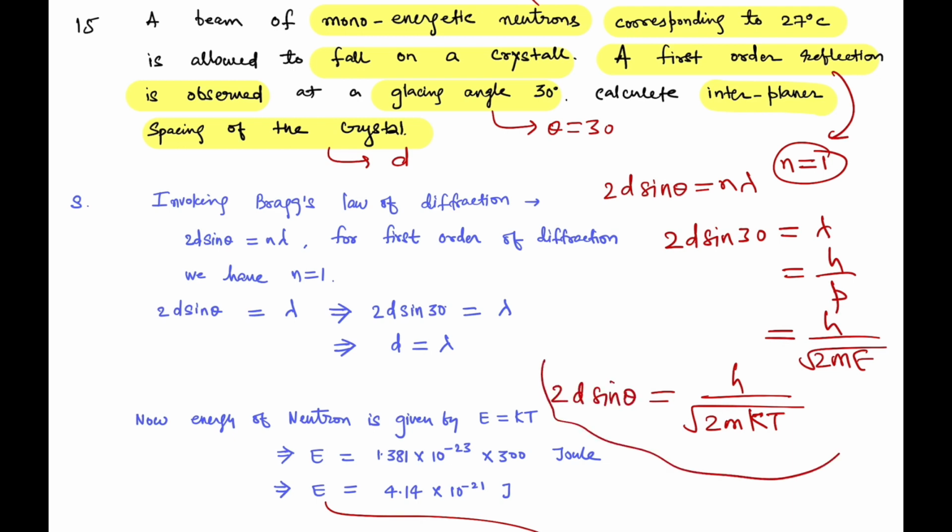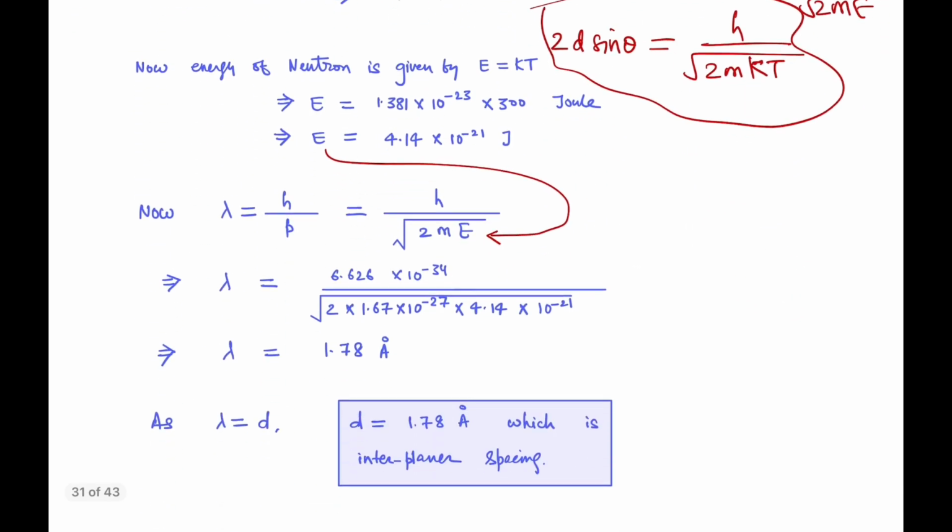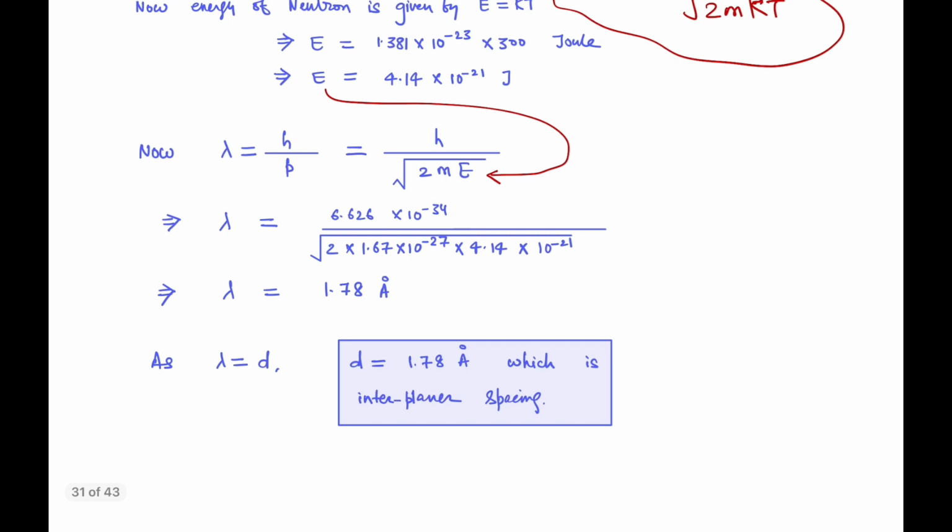So from here we can immediately find the value of d by putting all the values. When you put all the values, we get d equal to 1.78 angstrom, which is the interplanar spacing. This is the whole thing.